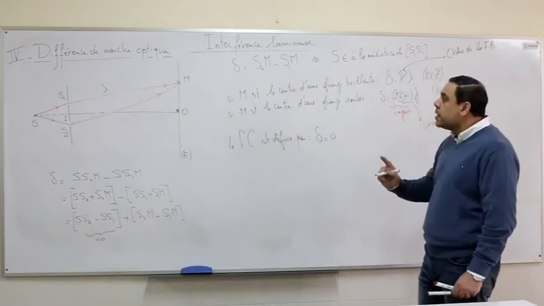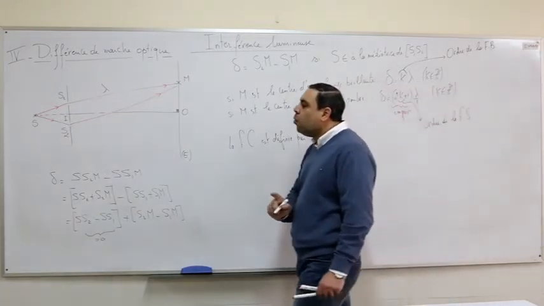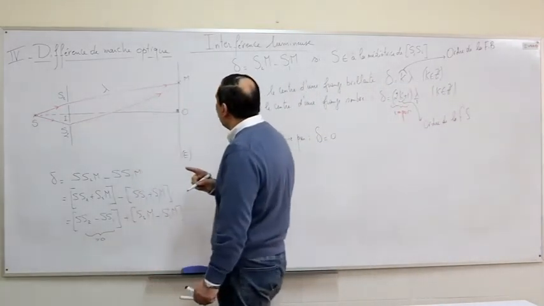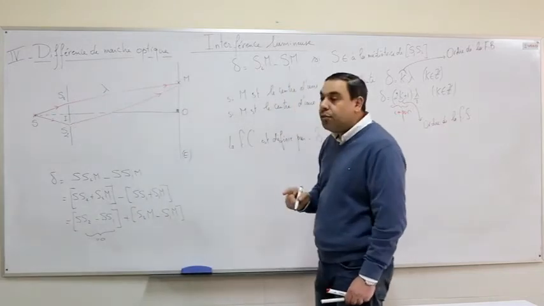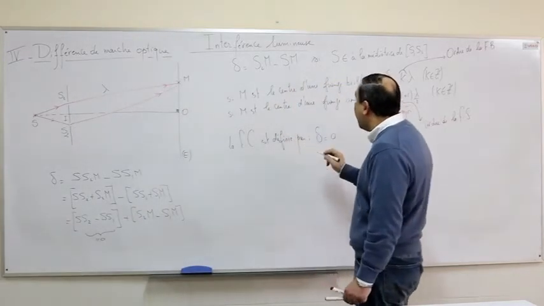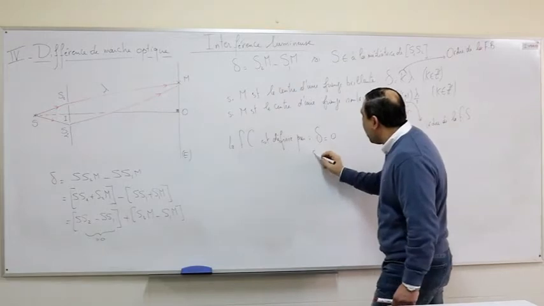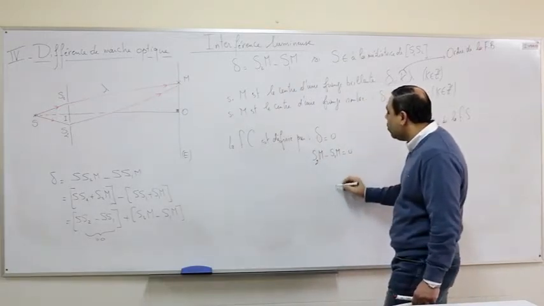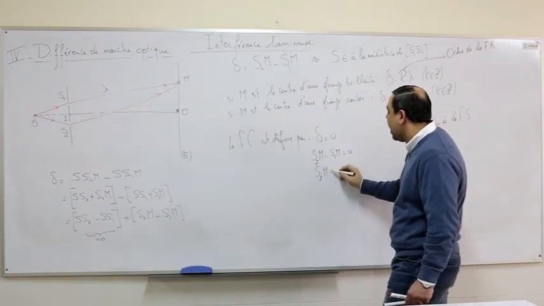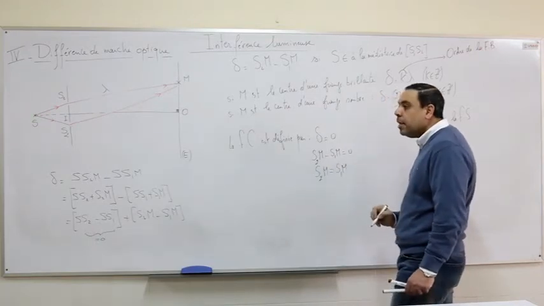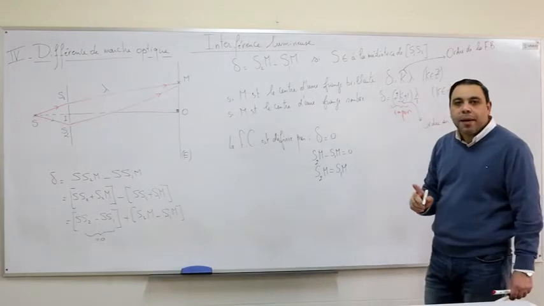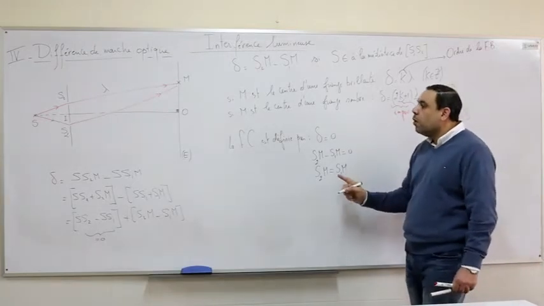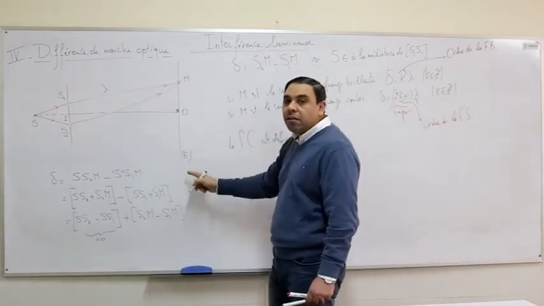If we consider the case where S is at the perpendicular bisector of S1, S2, then S2M minus S1M equals 0. S2M equals S1M. The optical path difference corresponds to a point where S2M equals S1M.